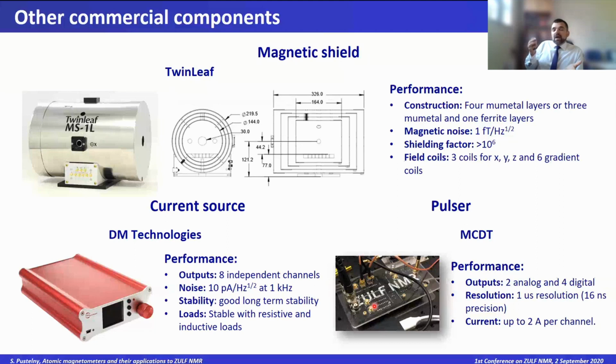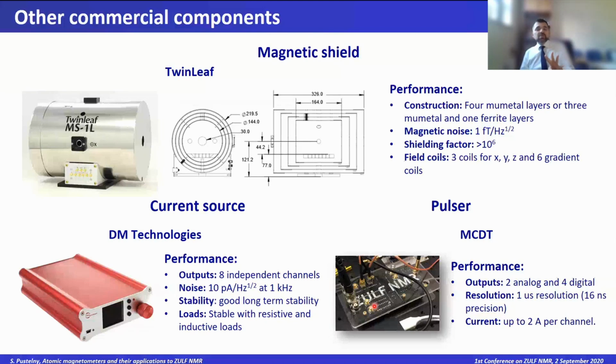These shields also have magnetic field coils, and you can supply the coils to generate magnetic fields and magnetic pulses. You can buy the sources for this, or, as we heard in the talk by Michael Tyler yesterday, you can buy a pulsar, and you have nearly ready-to-build components for a setup.